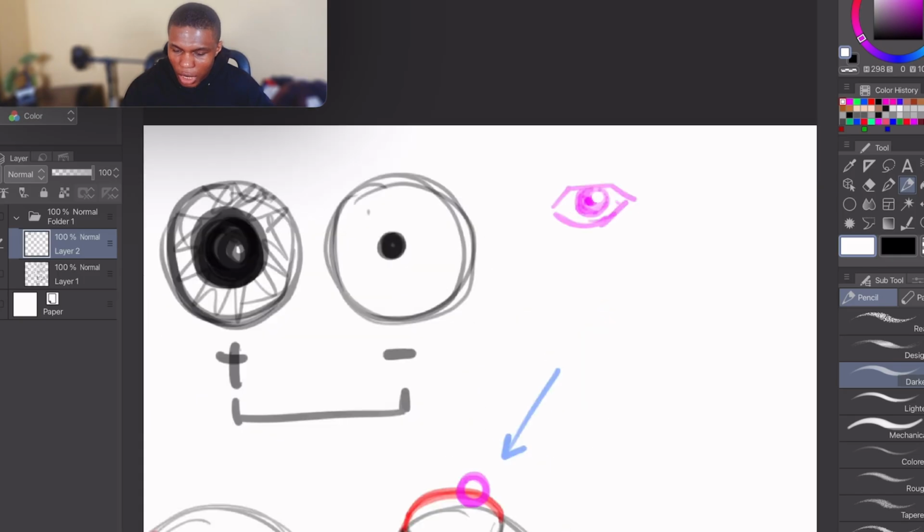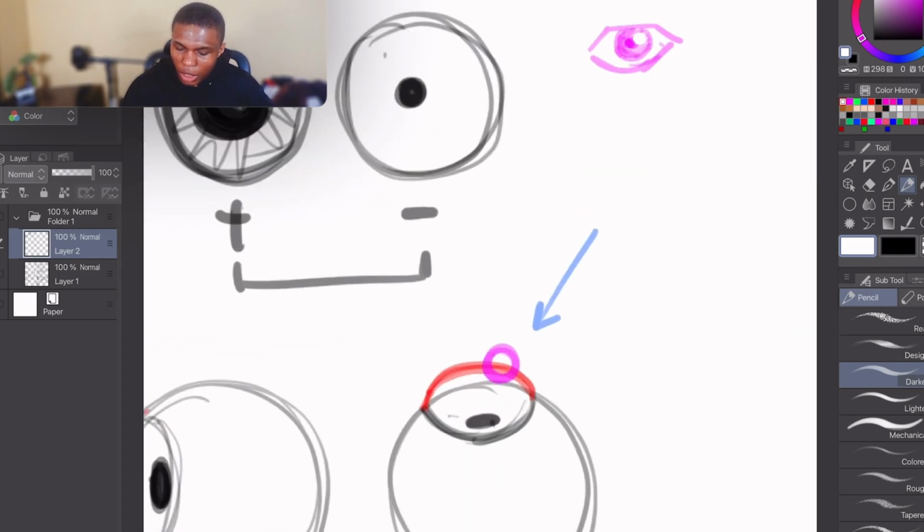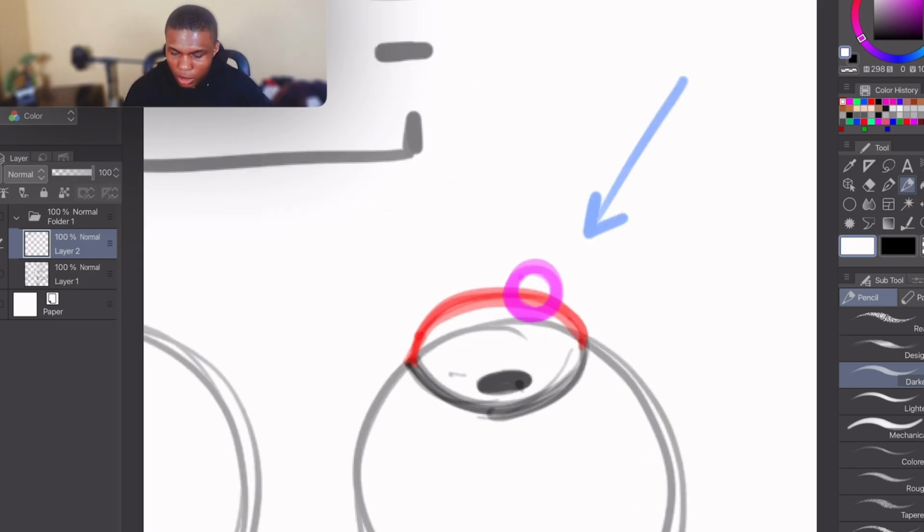You're just going to see the highlight, and that's the cornea at play here. So when the light hits this area, it's hitting this peak, because it's peaking like this, it's having this shape, so it's hitting that part.